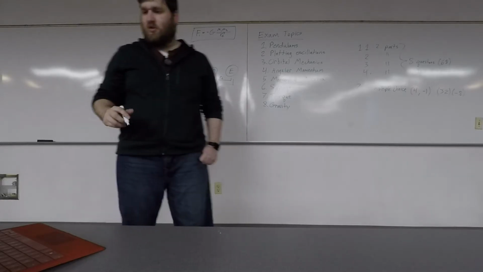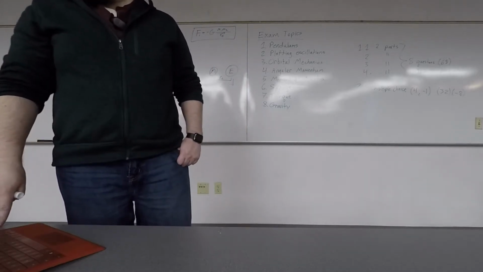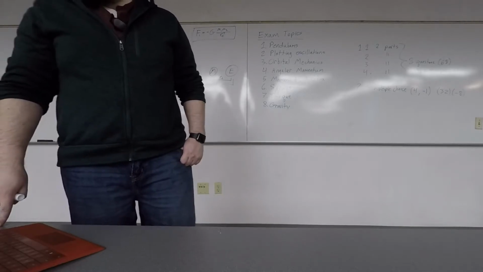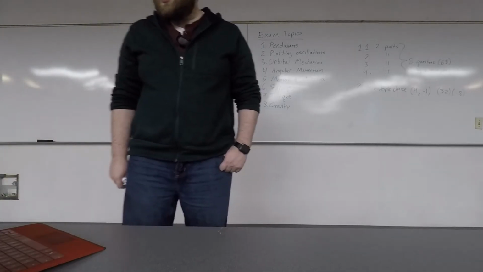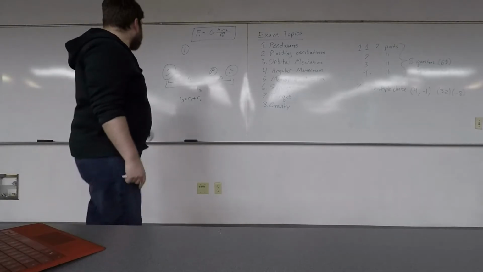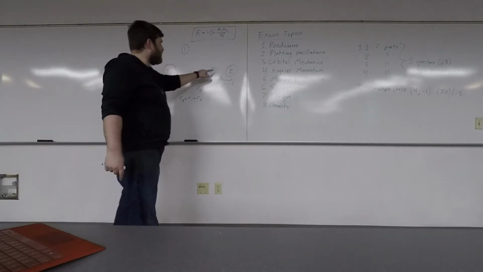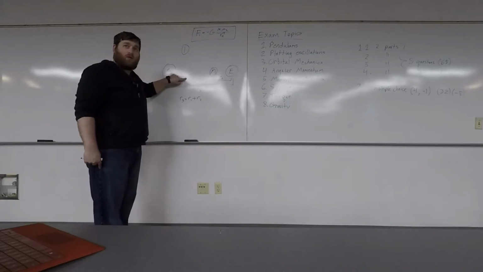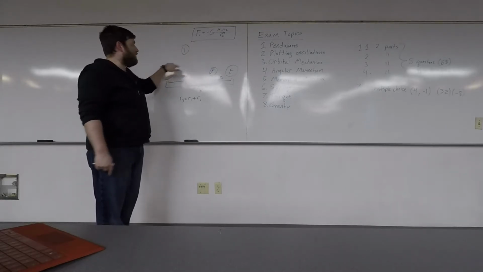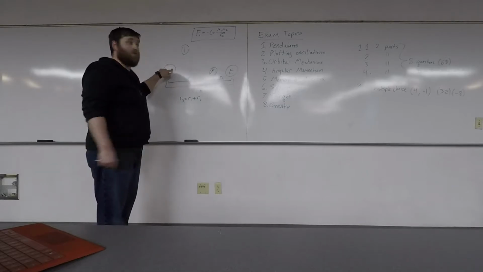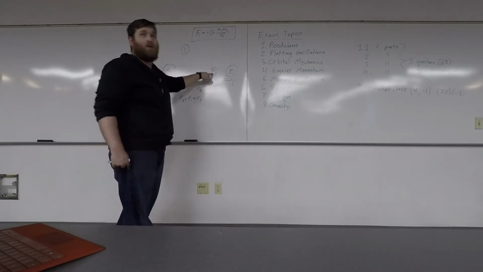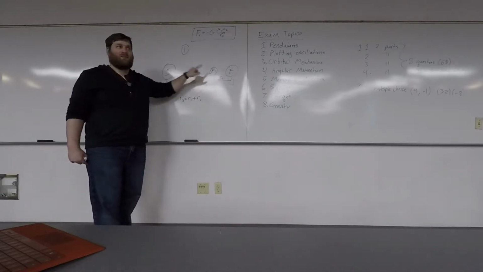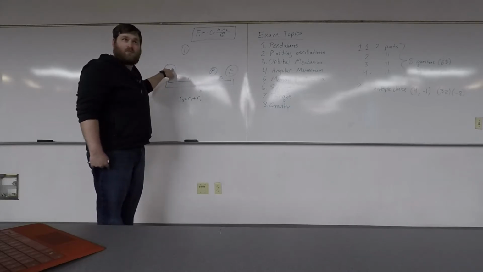Part A asked what force is exerted by the sun on the moon? So what force here is exerted on this force here? Use R1 there, mass 1, mass 2. The force exerted on this from this.